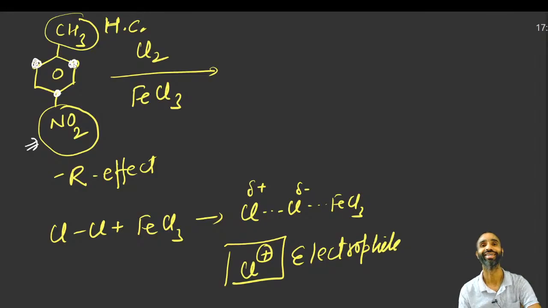Wrong. The group which activates the ring will decide. Means the group which has hyperconjugation or plus R effect will decide the orientation. Okay, so the product is decided by the more activating group.